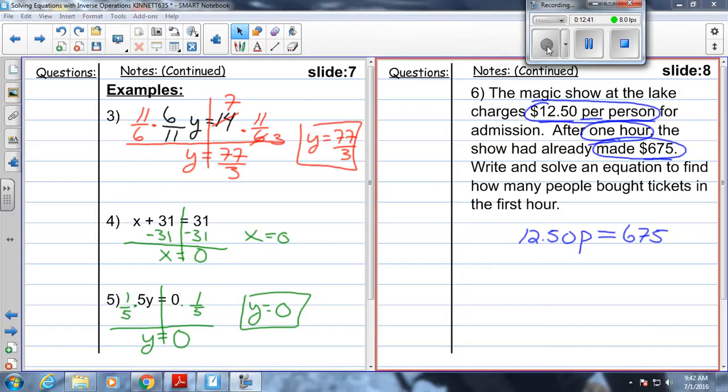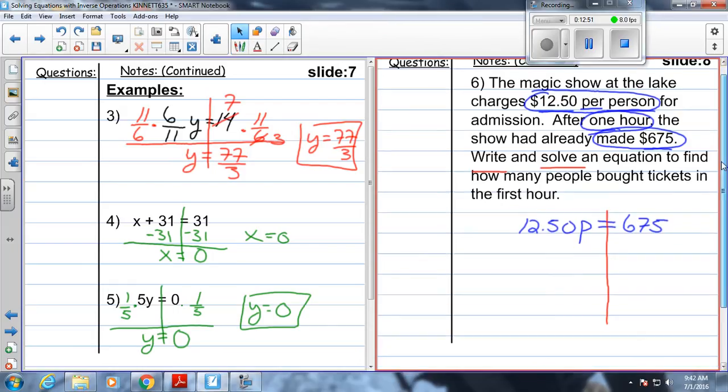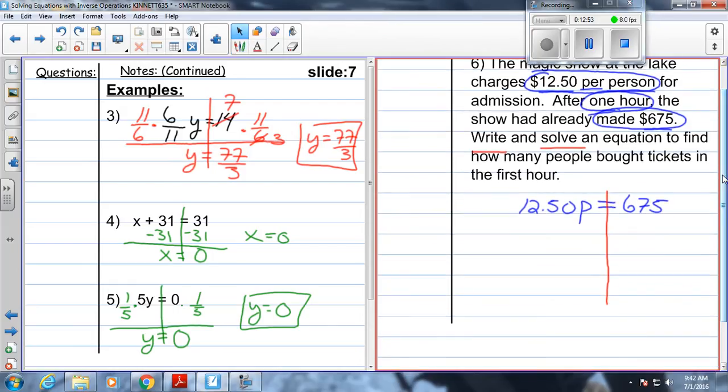So we need to draw our vertical line on our equal sign after translating, because remember the directions did say write and solve. Always read those directions so you know if it's asking for just writing it or if we also have to solve the problem. So the operation in between 12.50 and p is multiplication, so the inverse of that is division.